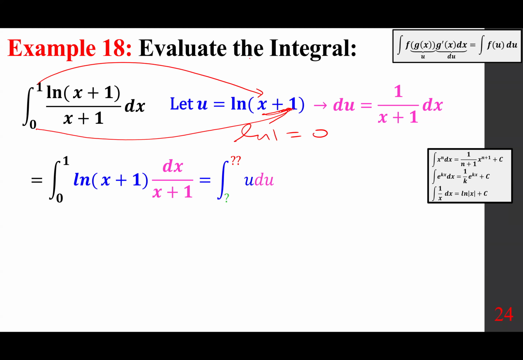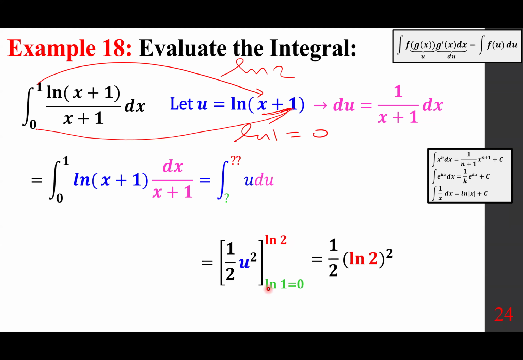If I plug in the top limit, I get ln of 2, and I'm going to keep it as ln 2 because that's an exact answer. So 1/2, you plug in the top, it's ln 2 to the second power. The bottom gives you 0, doesn't do anything, and we are done.